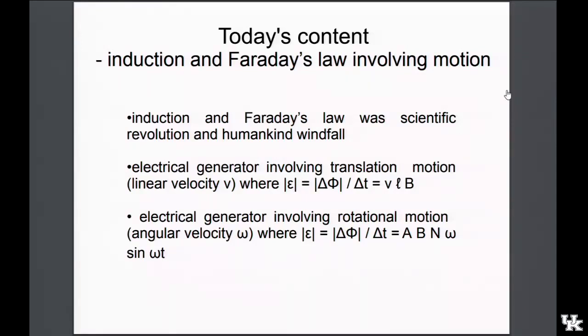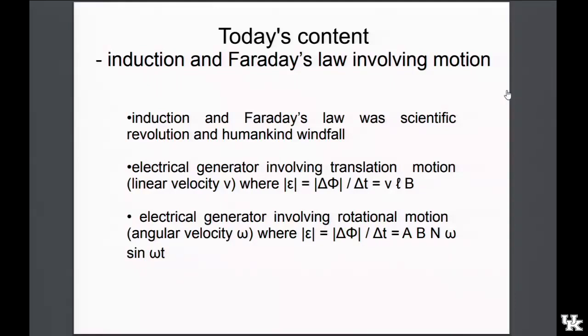Today, I want to talk about two examples of induction and Faraday's law that involve motion, movement. And they're both examples or illustrations of what we call electrical generators. Electrical generators are electrical or induction devices that turn mechanical movement into electrical currents, electrical potentials.